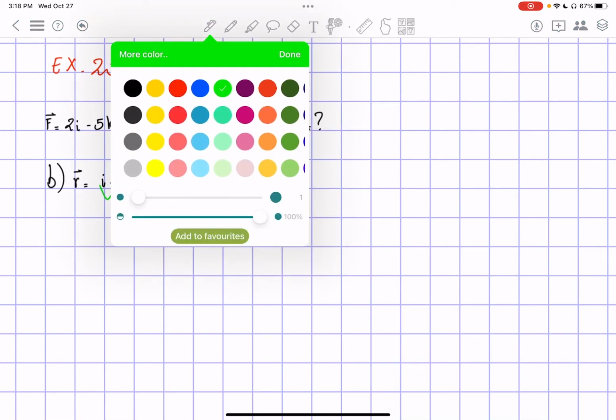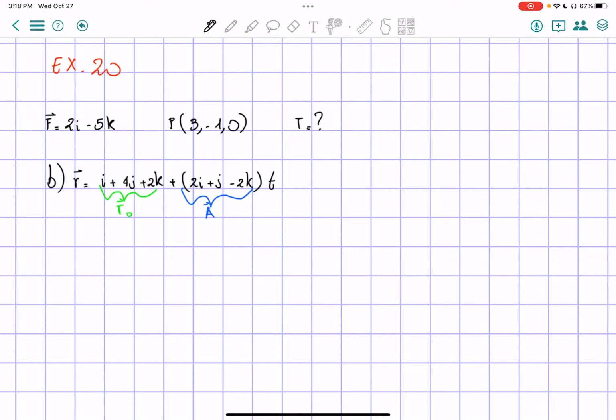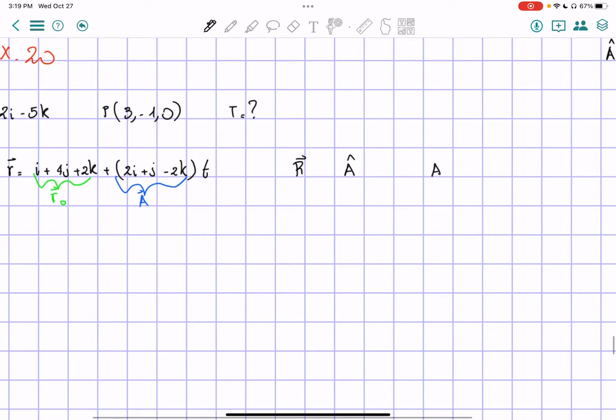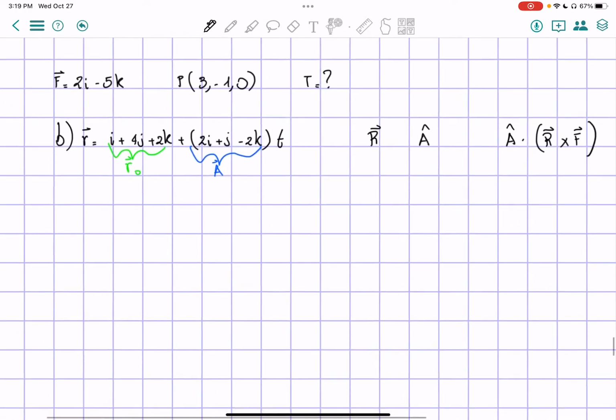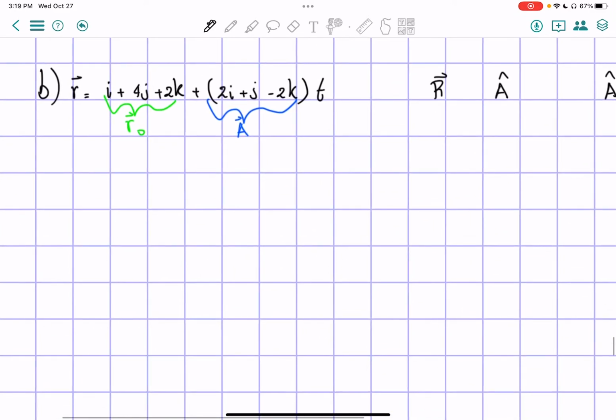So the first thing we're going to find, well, it depends. You can either find the capital R vector or a unit vector, because remember, our formula is a unit vector times capital R vector times force F. So let's find our A hat vector. A hat is equal to the A vector over the magnitude of A, which is 2i plus j minus 2k, all times 1 over the magnitude.